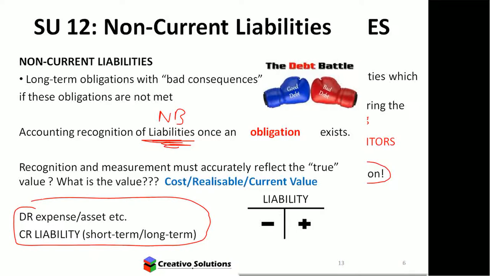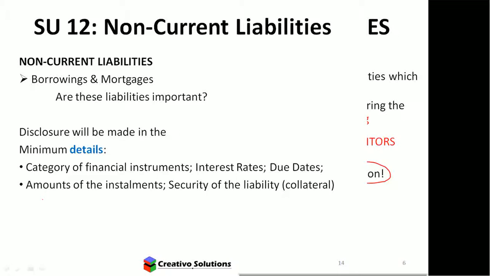Okay, what value do we have? Same thing as before. Cost, realizable, current value. That's what I use to measure non-current assets at their current value. Okay, what we currently have in the question. Right, then just a short note here about borrowing and mortgages. Are these liabilities important? Yes, they are. Why do you think they're important?